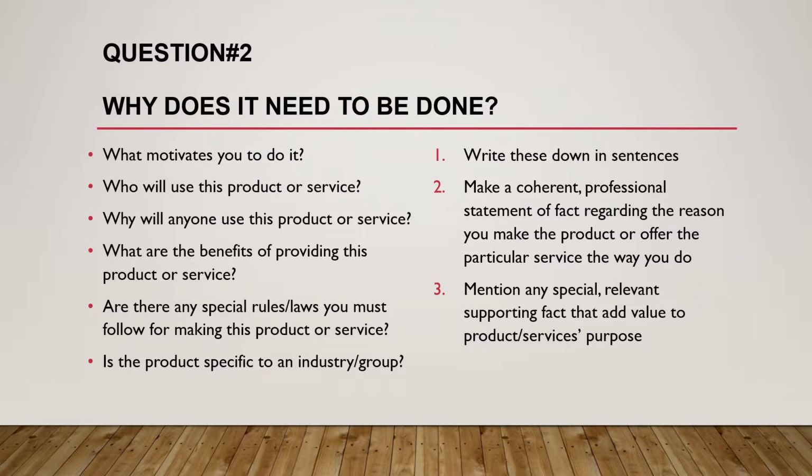Is the product specific to any industry or group? Write these down in sentences. Make a coherent professional statement of fact regarding the reason you make the product or offer the particular service the way you do. Mention any special relevant supporting facts that add value to the product or service's purpose.